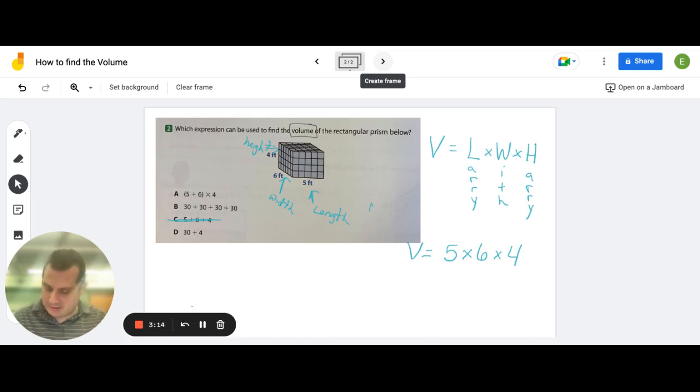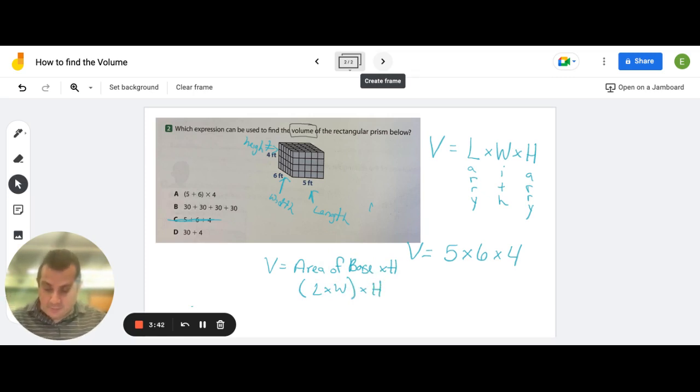So I'm trying to think in class, the 5 and the 6. Well, that's the length and the width. That's actually our base. So you could do volume equals length times width times height, or I'm going to put over here, you could do the area of the base times the height, which the area of the base would just be your length times width and then times the height.